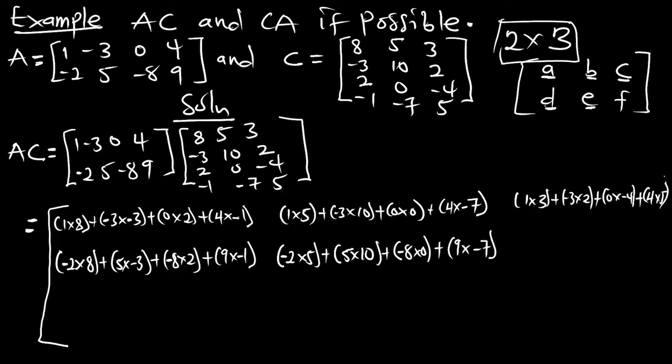And with the F, second row, third column, that is going to be negative 2 by 3, plus 5 by 2, plus negative 8 by negative 4, plus the last part, which is 9 by 5.